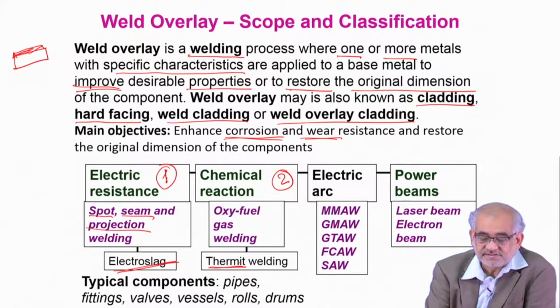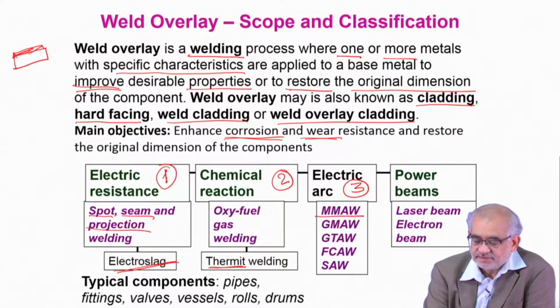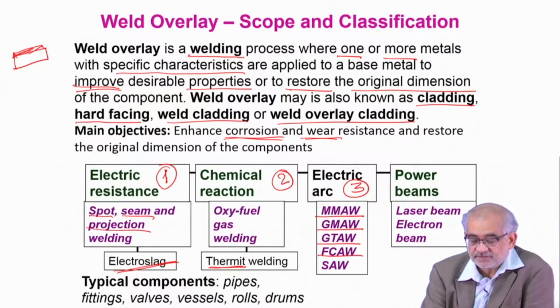But the important distinction here is that you not only heat through the gas torch, but you also make use of the exothermic heat of reaction, which is liberated during the heating process. A more popular and very widely used technique is the electric arc based techniques. For example, manual metal arc welding, gas metal arc welding, gas tungsten arc welding, fused core arc welding, or submerged arc welding.